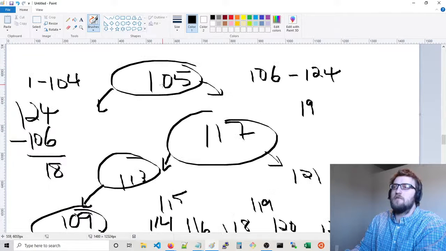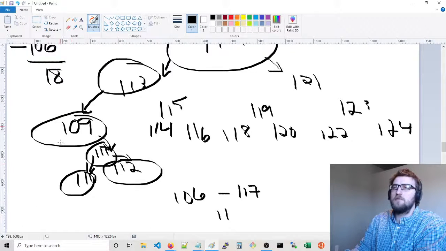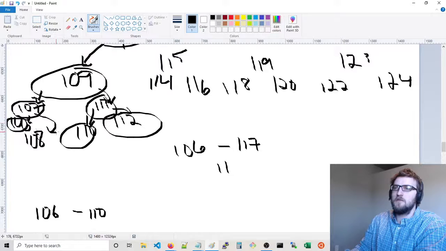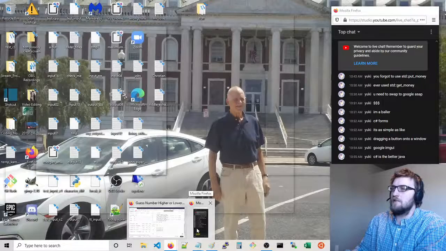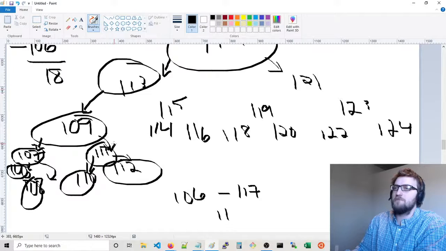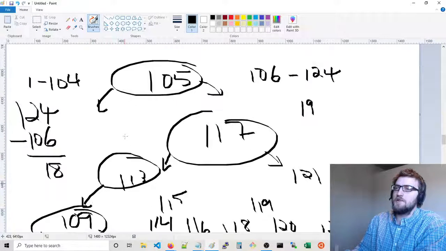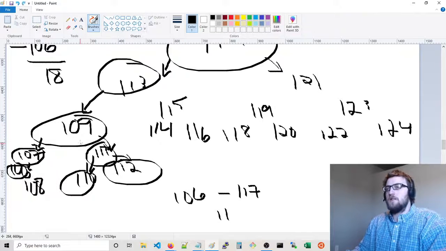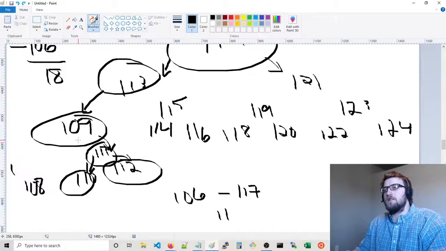And now you can do 106 to 109, which is clearly 108, 106, and 107. Which is here, here, and here. There it is. That makes a lot more sense. So indeed you were able to fit more into this tree on the left side.